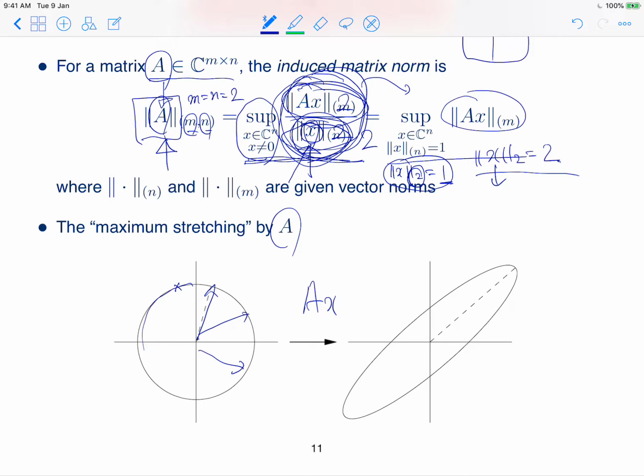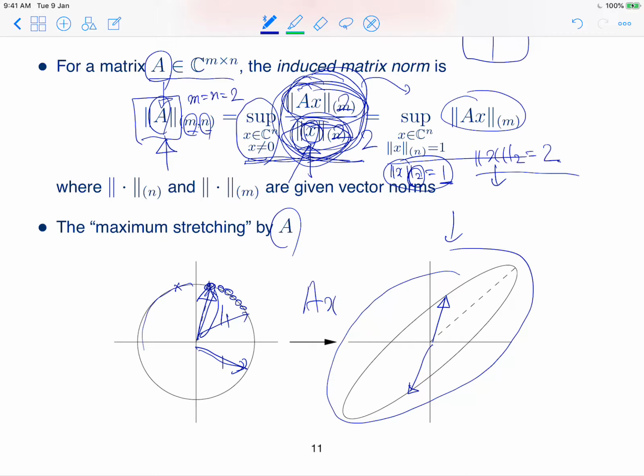For example, suppose this vector was transformed into this vector, and maybe this vector into this vector. All the input vectors have length 1, and if we use all the possible vectors along this circle, their trajectory in this Ax form will make this ellipse.